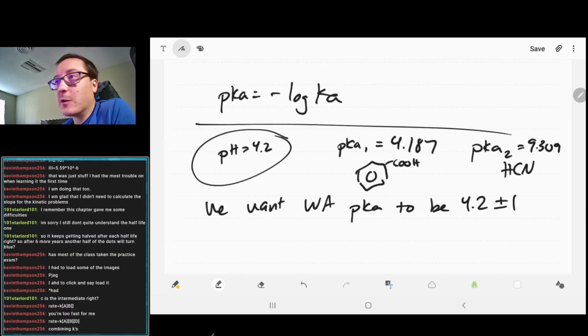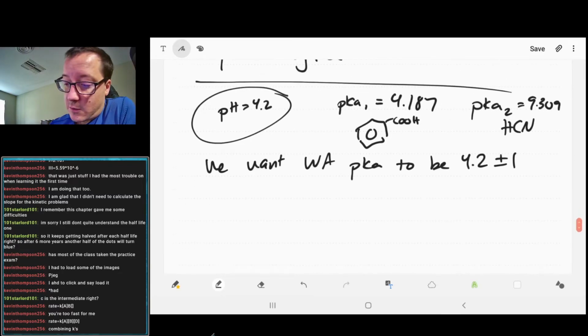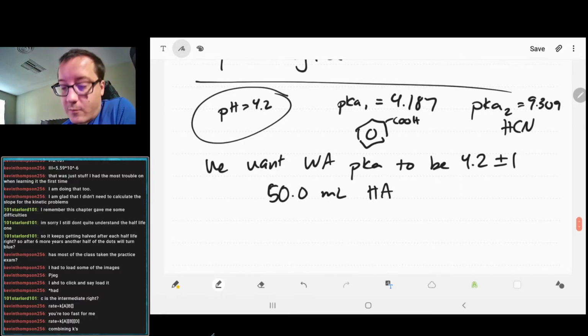We're going to choose our benzoic acid, right? So that's going to be the better choice there. So our option choices, first off, we can eliminate 2 of them by having HCN there. There's no need to worry about that. So if we wanted to make a buffer out of this, we have 2 options left. We have 50 mLs of our HA at 0.5 molar.